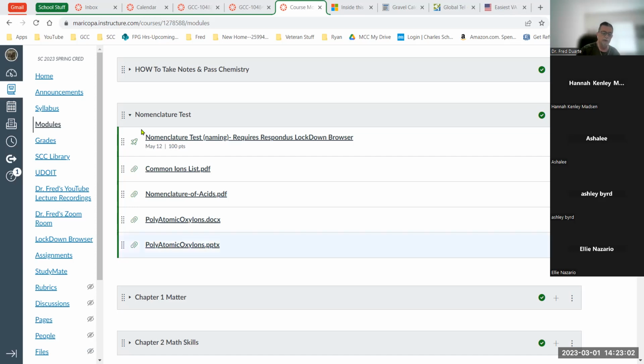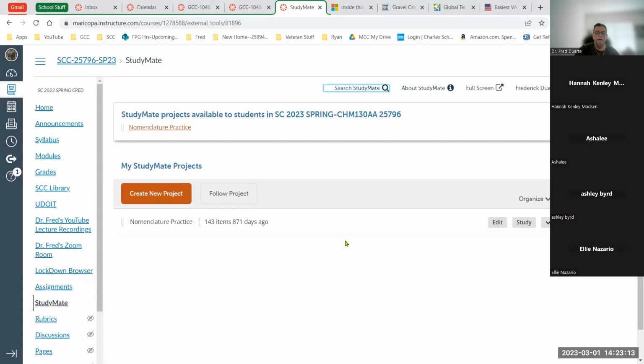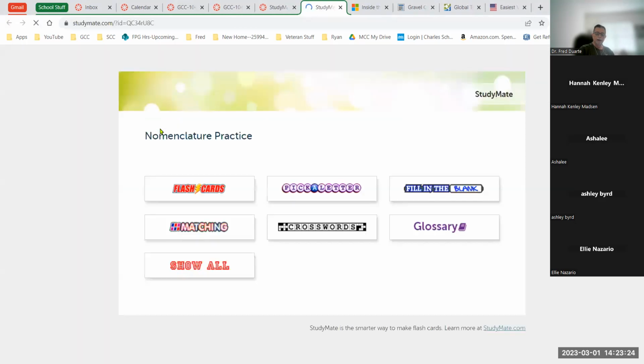But additionally, on the far left, you have something called StudyMate. If you click on that, this comes up, and you have a link up on top that says nomenclature practice. Click on that, and you end up with an additional program that's an interface of Canvas.